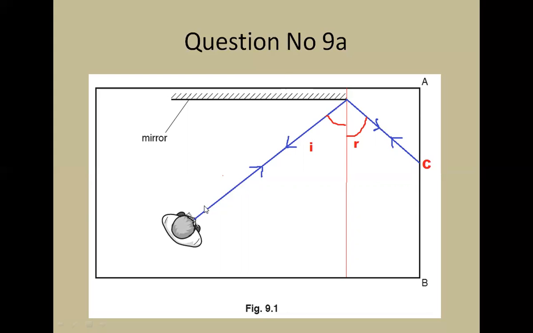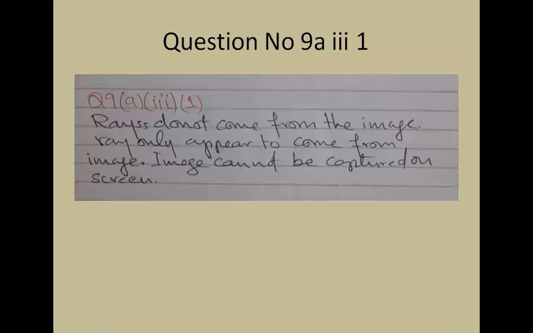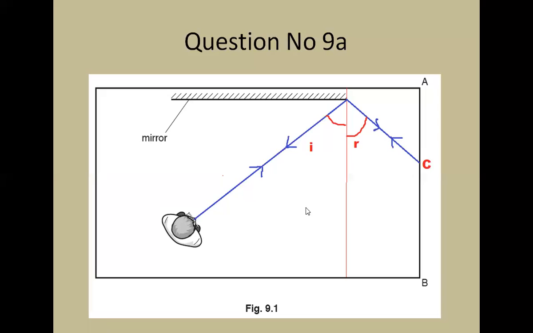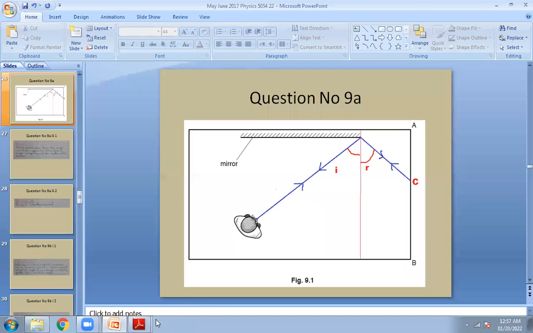And this is the principle of reversibility of light, that the path from which the light comes, on the same path the light goes back. That's why I have put the arrows. Light is coming in this direction, light is also going in this direction. So this is question number 9A, first part and second part. Hopefully you understand how we have done this. Okay, so let's go to the question again.